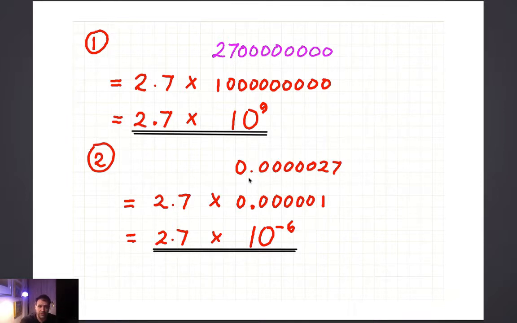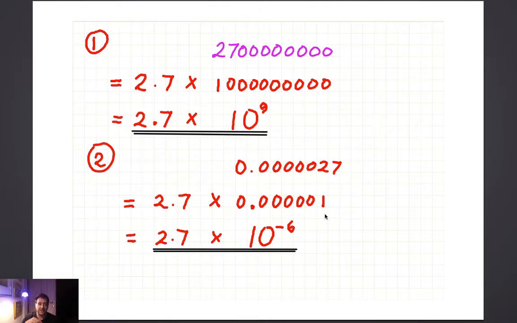Number 2, 0.000027. So my number between 1 and 10 is 2.7, and so that's the same as 2.7 times 0.000001. And I can tell that the number I just said is the correct number for this because it's got a 1 in this place, where above it there's a 2.